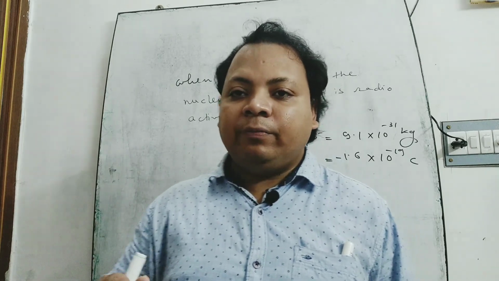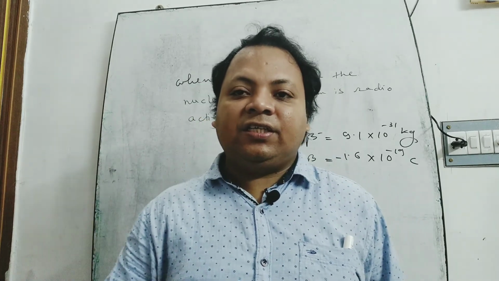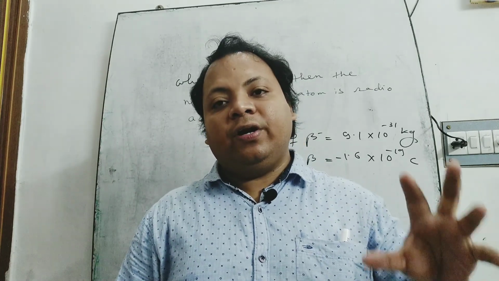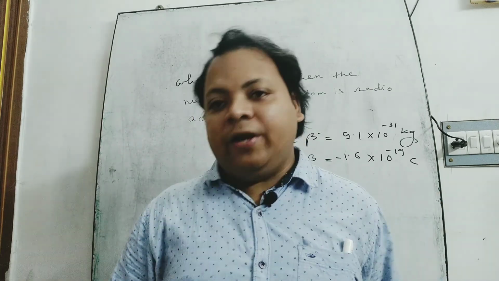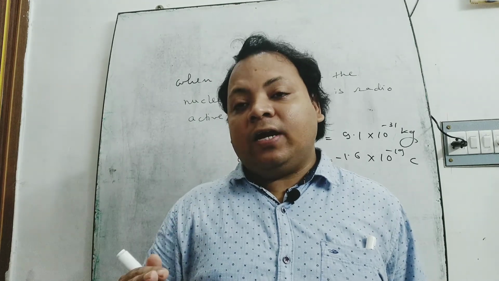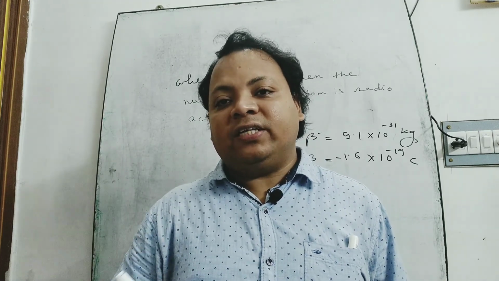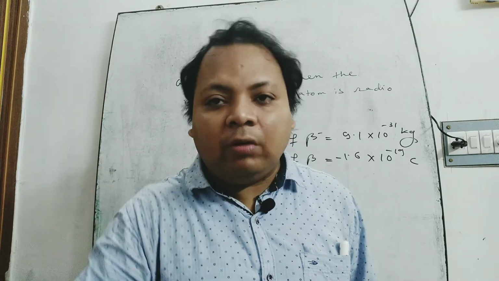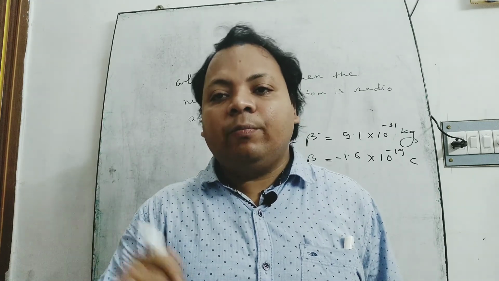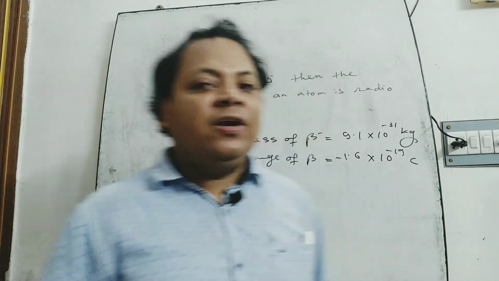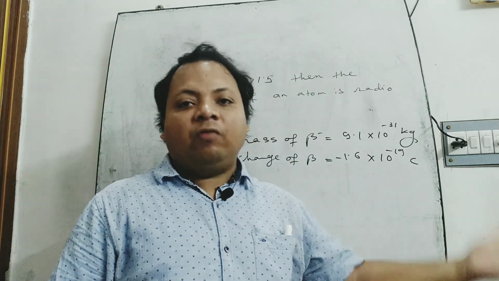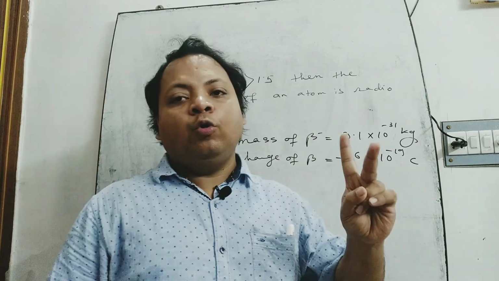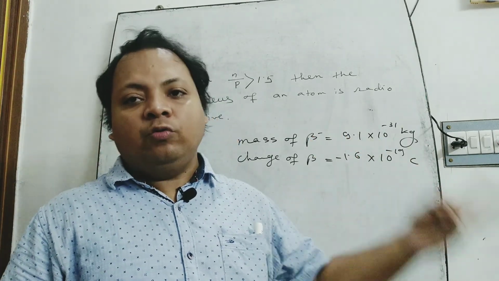Actually, alpha decay is the spontaneous decay of a radioactive element. When a radioactive element or nucleus does not have enough energy to emit an alpha particle, then it emits a beta particle. Due to the emission of an alpha particle, a nucleus loses 2 protons and 2 neutrons.